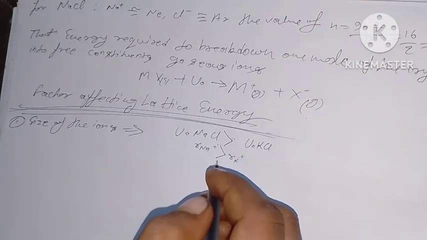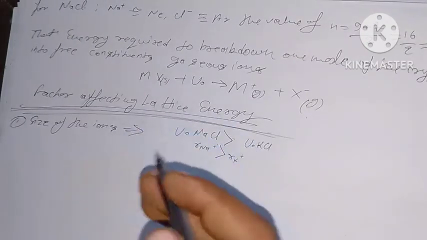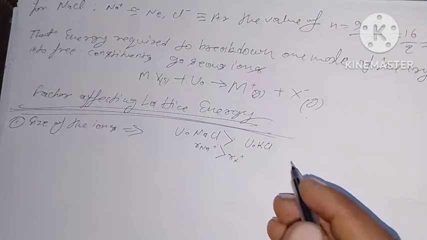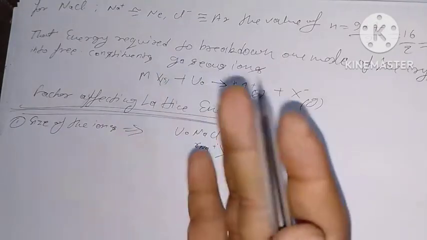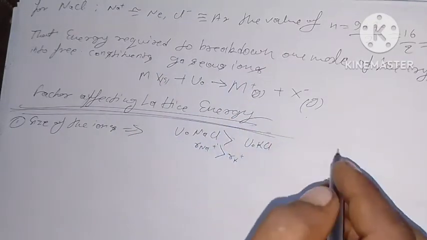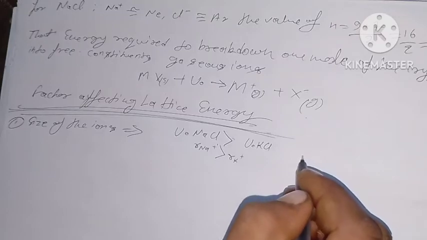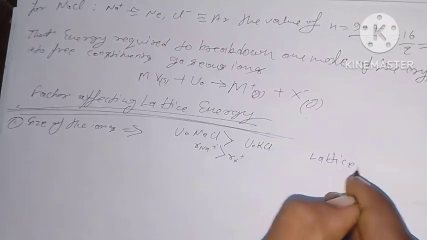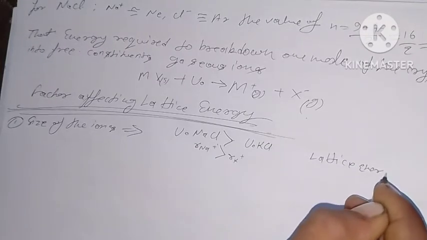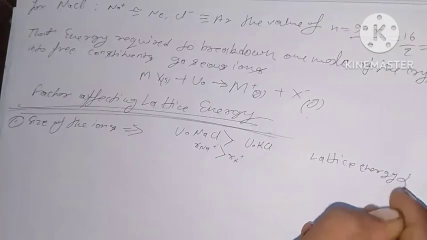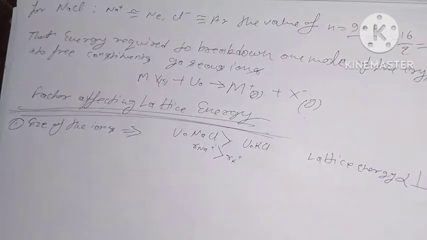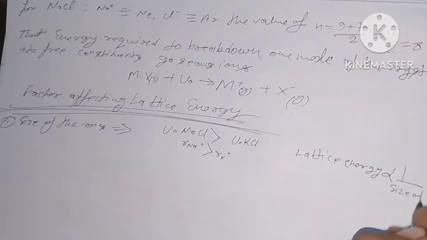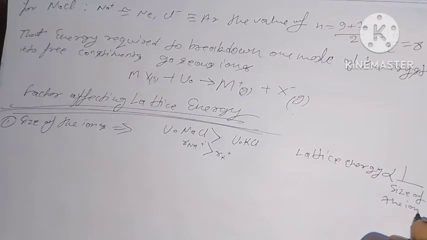Okay. It varies inversely as the internuclear distance. Factors affecting lattice energy: lattice energy is inversely proportional to the size of the ions.